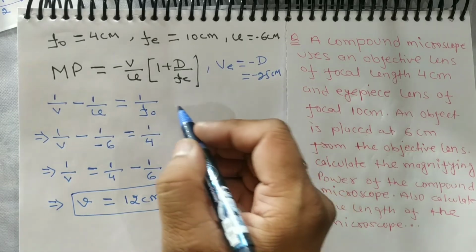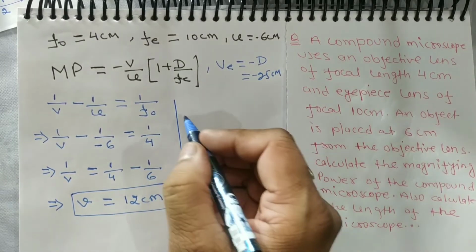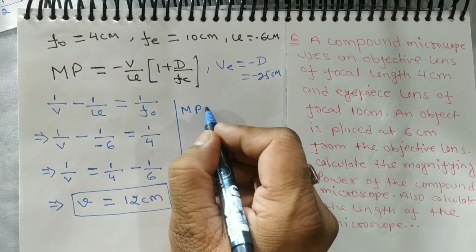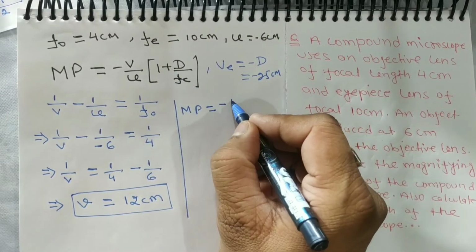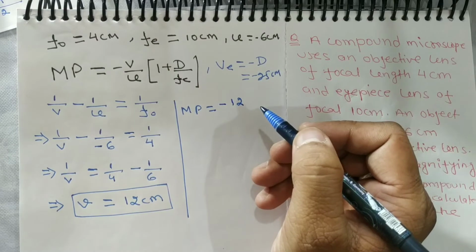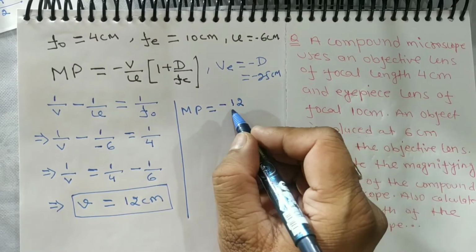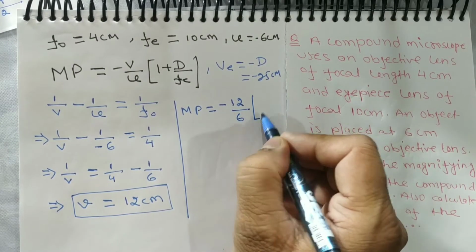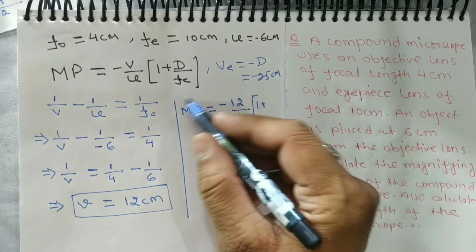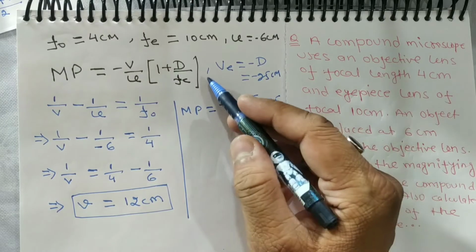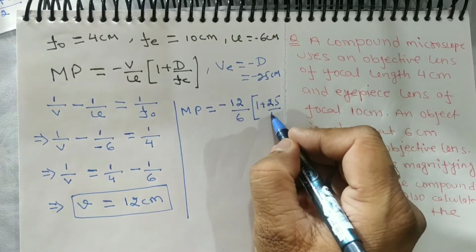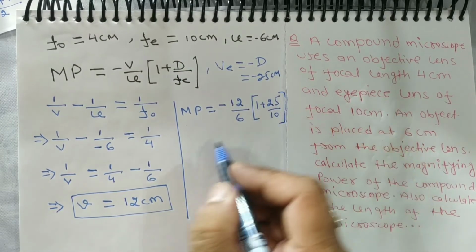So just put the value and we will get the magnifying power MP. It is minus v, 12, upon u, 6, into 1 plus d, 25, upon fe, 10.